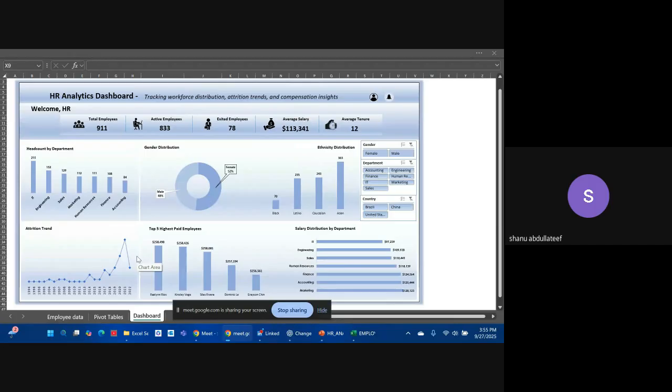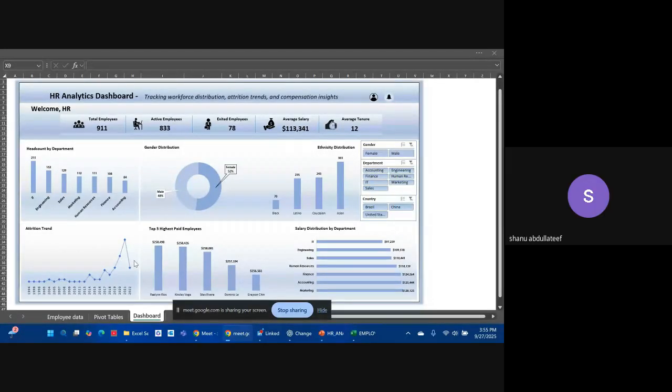So people tend to leave to another company to get more salary, salary increments, and to be able to work from home. So that would explain why we are having a large attrition around that period.